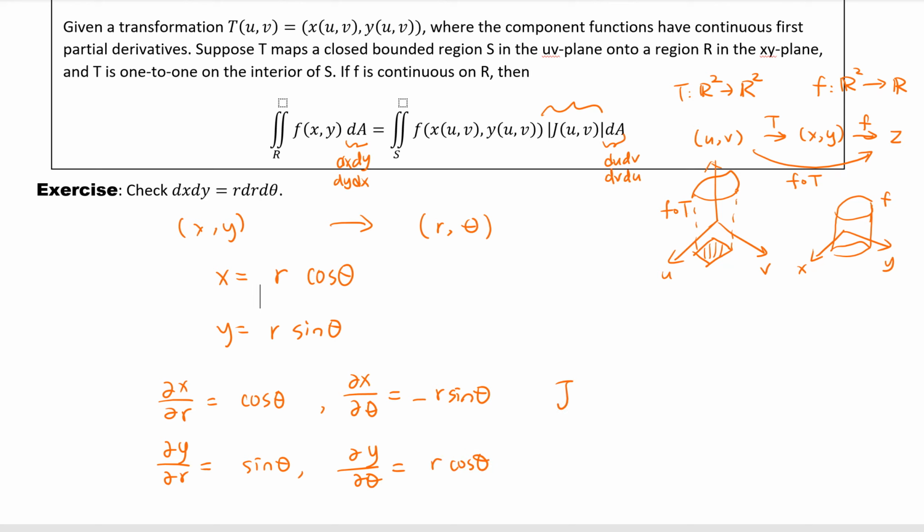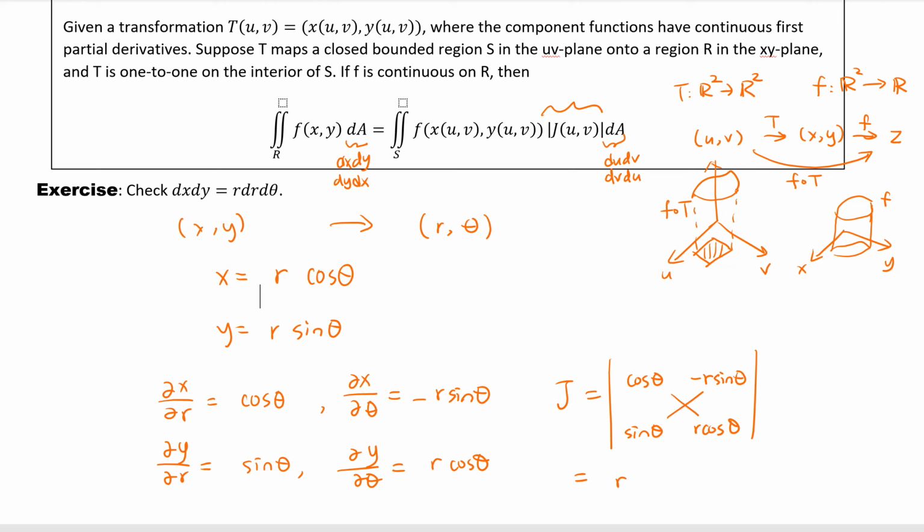Now, the Jacobian determinant equals the determinant of those four functions. So let's put it in the right place. Now we cross multiply and subtract.